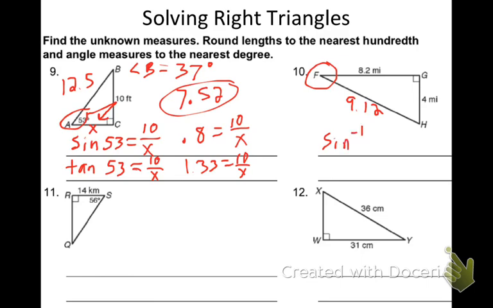So sine inverse of, now sine, what two sides do I use for sine? I use the opposite and hypotenuse. So for F, my opposite is 4 over my hypotenuse is 9.12. So go sine inverse of 4 over 9.12. Round it to the nearest degree, please.